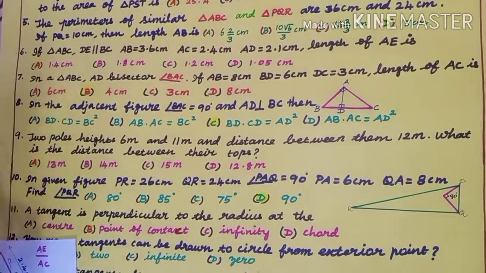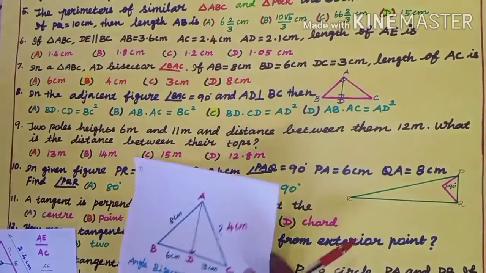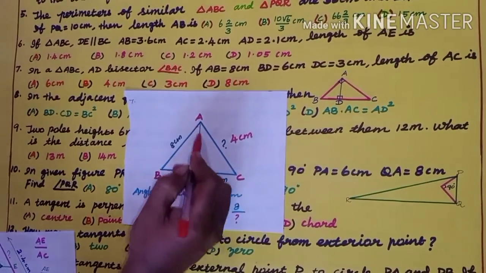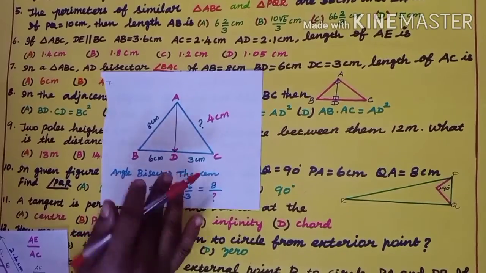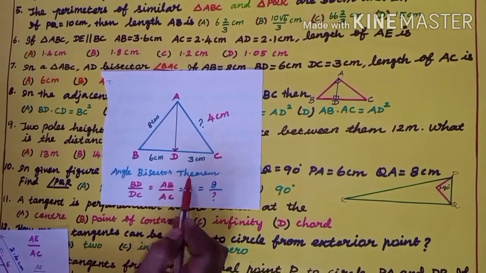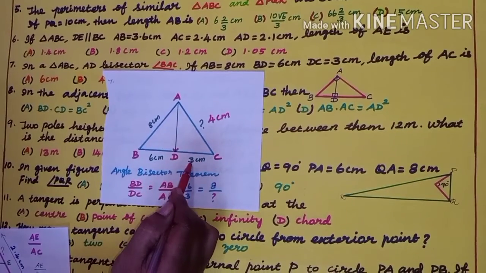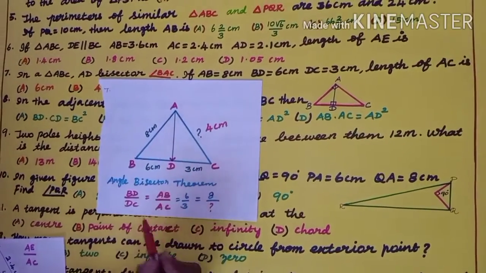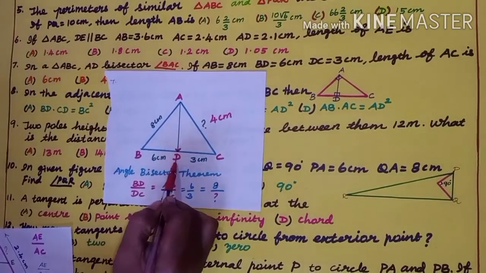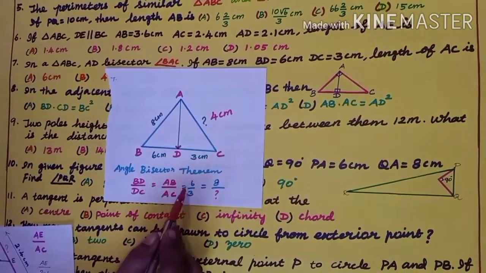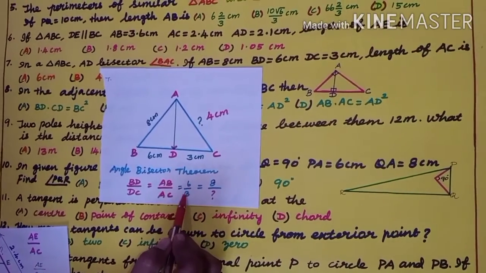We move to the seventh question. In triangle ABC, AD is the bisector. This is the angle bisector, the angle bisector theorem. AB is 8 centimeters, and BD and DC are given. Find AC. By the angle bisector theorem, BD by DC is 6 by 3. What is the ratio? 2 times.